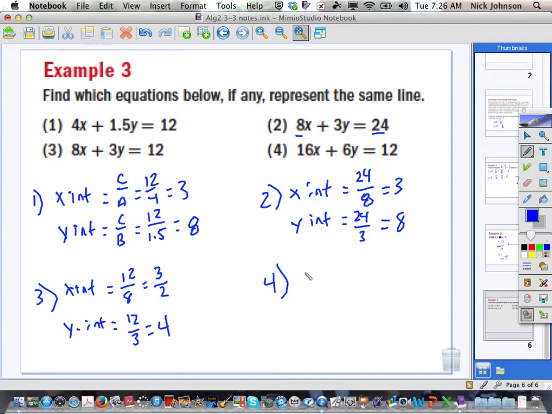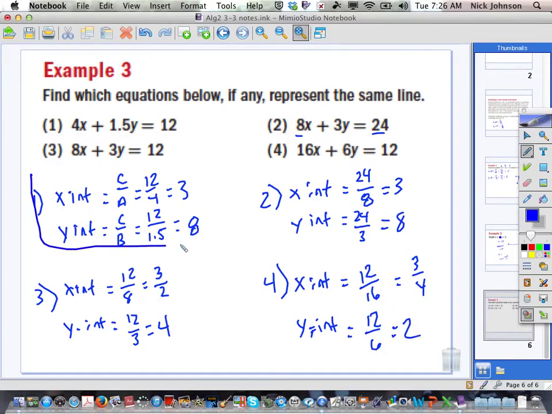For 4, my x-intercept equals 12 divided by 16, which we all know is 3/4. My y-intercept is equal to 12 divided by 6, which equals 2. So the only two that are the same line are these two.